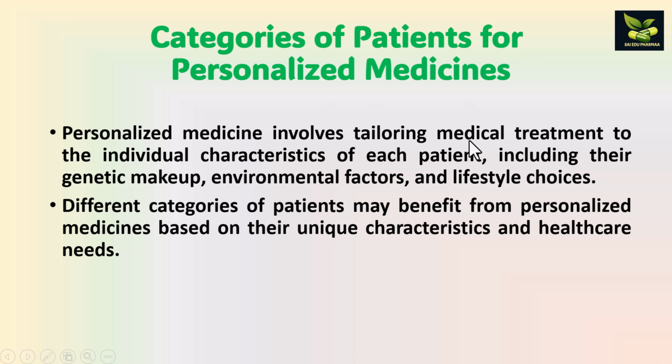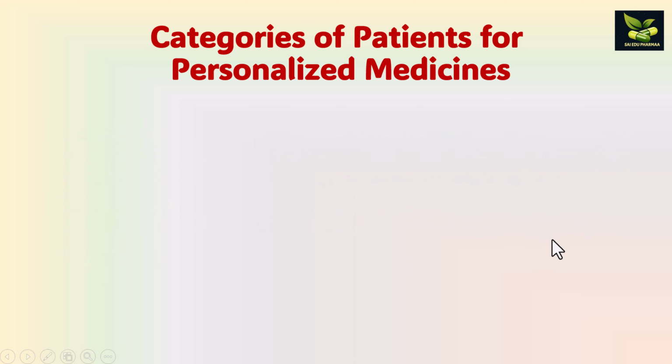Personalized medicine involves tailoring the medical treatment to the individual characteristics of each patient, and it also includes their genetic makeup, environmental factors and lifestyle choices. There are various categories of patients which may benefit from personalized medicines based on their unique characteristics and healthcare needs.